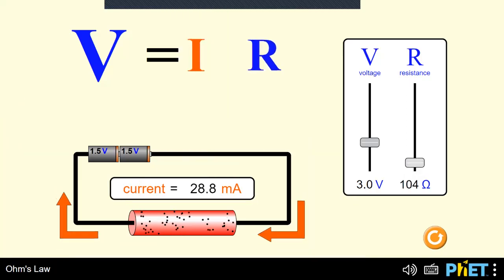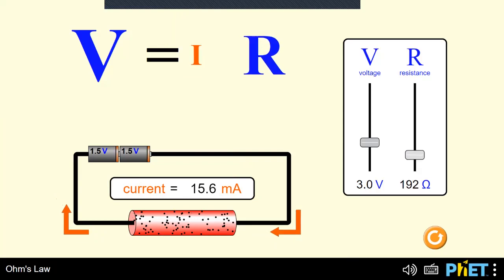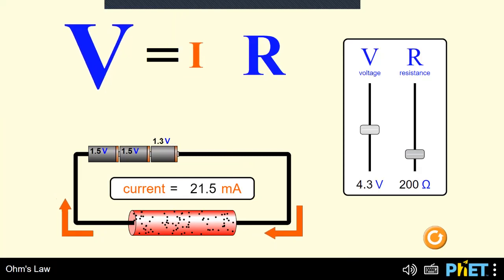So, setting our resistance at 200 ohms, we'll try to increase the voltage at this point. We'll try a voltage of 4.5 volts. You will notice that there is an increase in the amount of current flowing in the circuit.